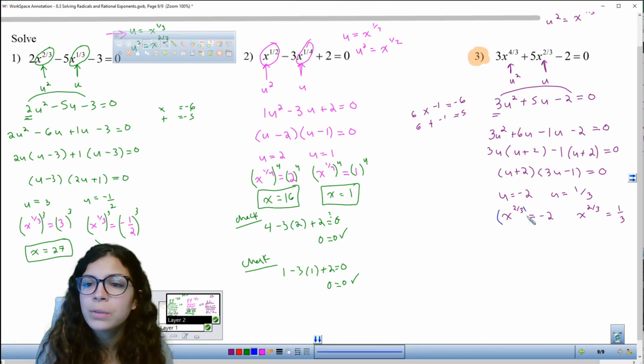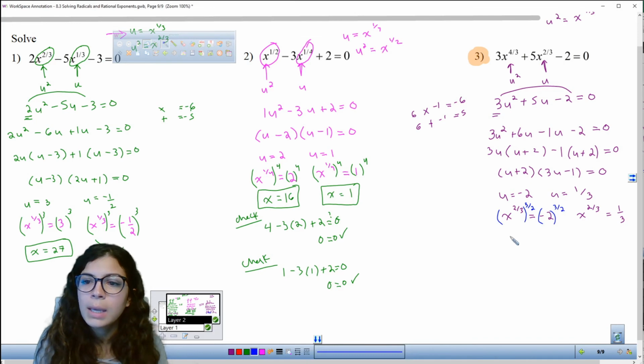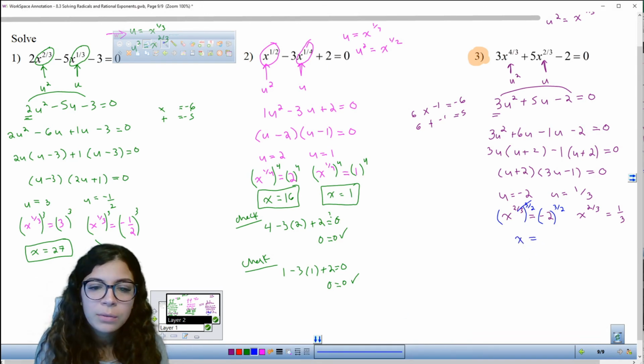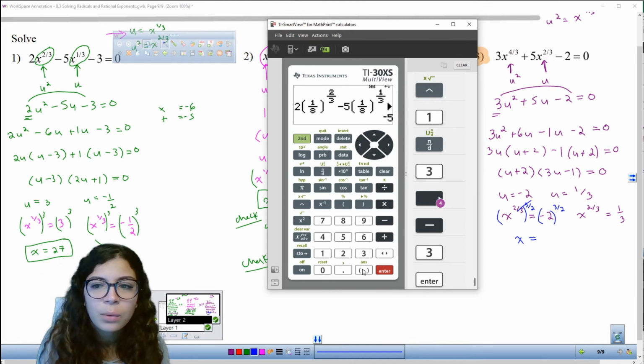So I'm going to raise both sides to the reciprocal power of 3/2. And this cancels, okay, because it ends up being a power of 1. And then -2 to the power of 3/2, it's really -2 cubed, which is -8, and then the square root of that. So it's not going to be a whole number, okay?